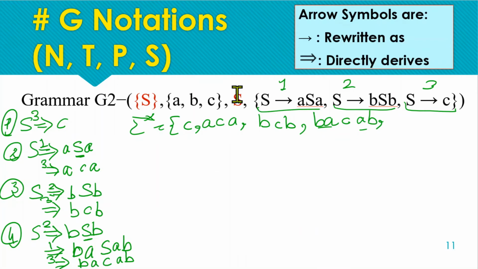The first half and the second half are just reverses of each other. We add an A in the left, then we add an A in the right at the same position. In the same way, if we add a B in the left hand side, we also add a B in the right hand side at the same position. So this is the grammar for strings of palindromes.